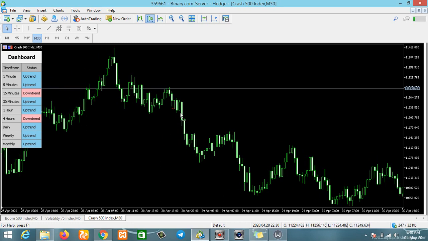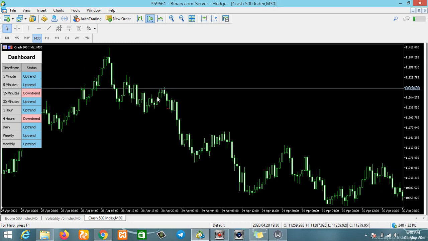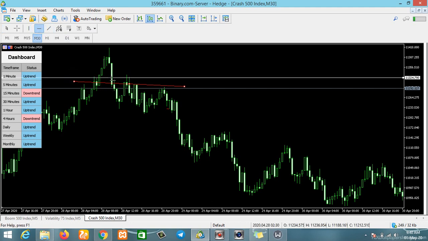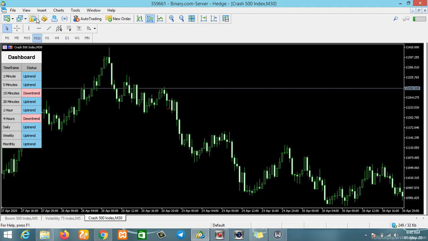You can see in 30 minutes we have some kind of resistance around this line. If it should break this resistance level, on that line.